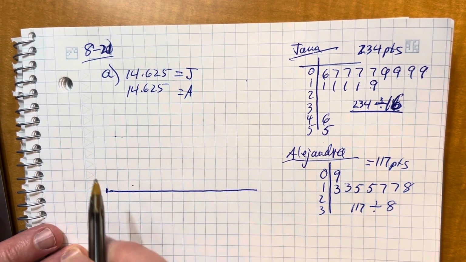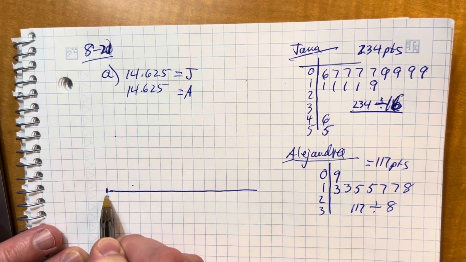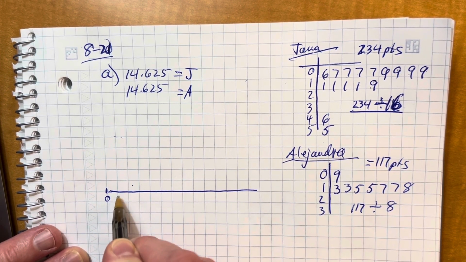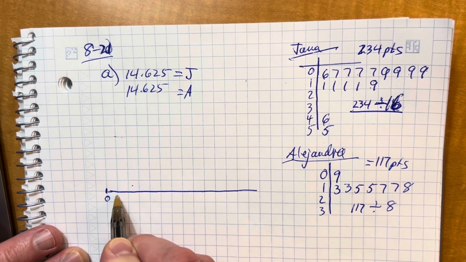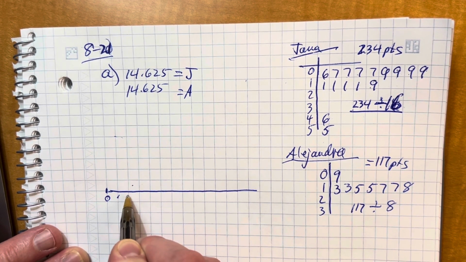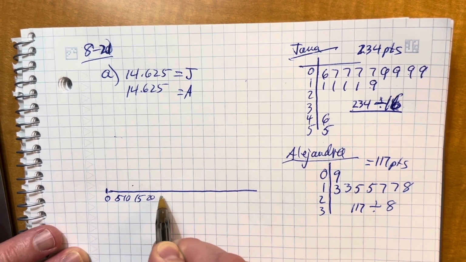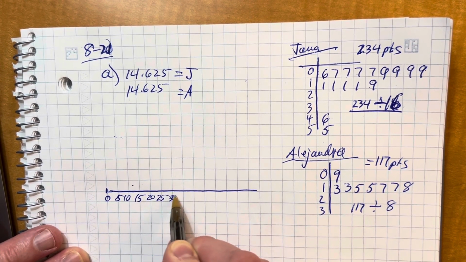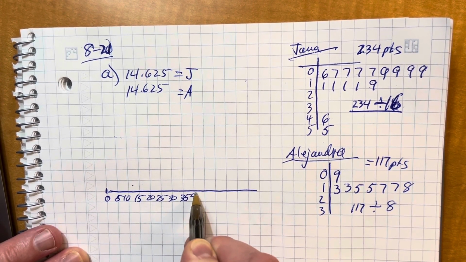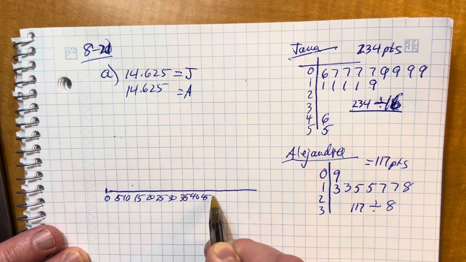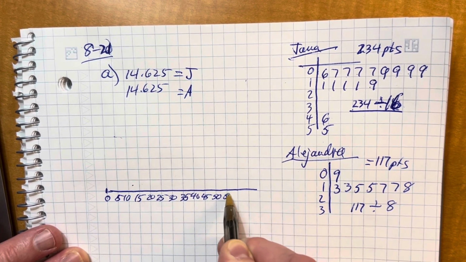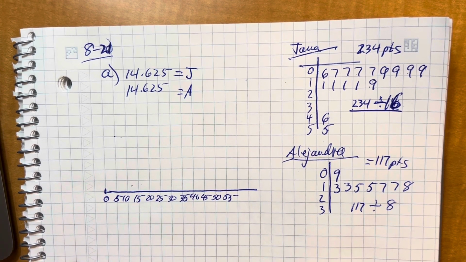Let's start with 0, and let's go 5, 10, 15, 20, 25, 30, 35, 40, 45, 50, and 55. We're going by 5s in this box.